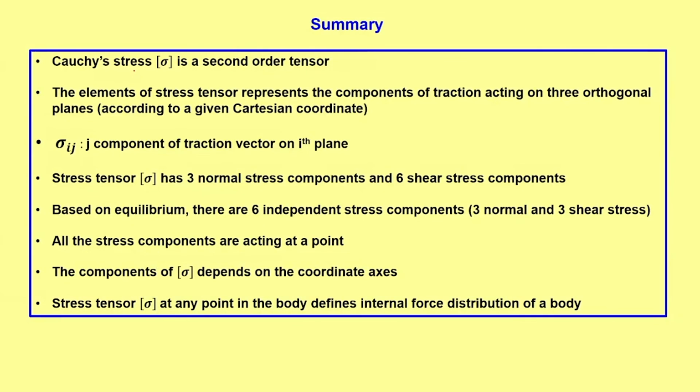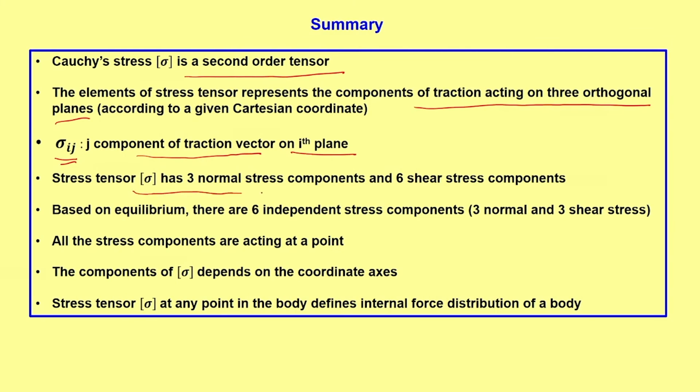So, the final summary of what we learned in this particular lecture is: Cauchy stress sigma is a second order tensor. The elements of the stress tensor represent components of traction acting on 3 orthogonal planes according to a given Cartesian coordinate system. Sigma ij means the j component of the traction vector acting on the ith plane.